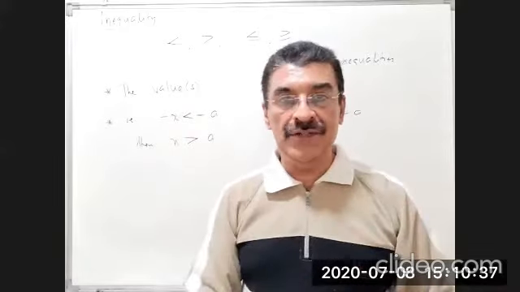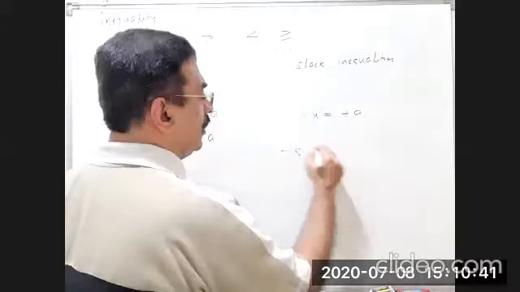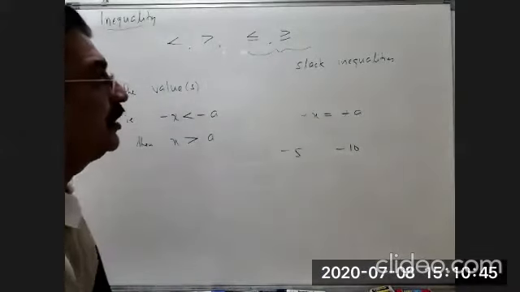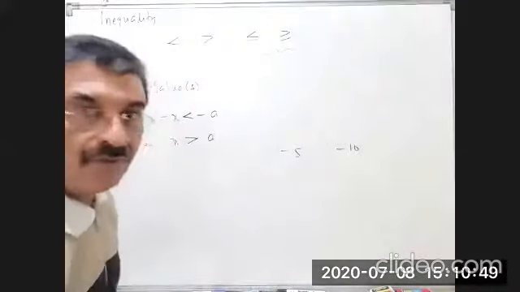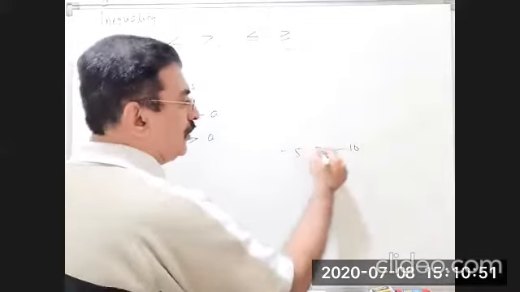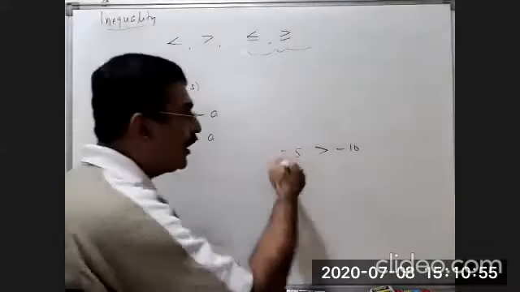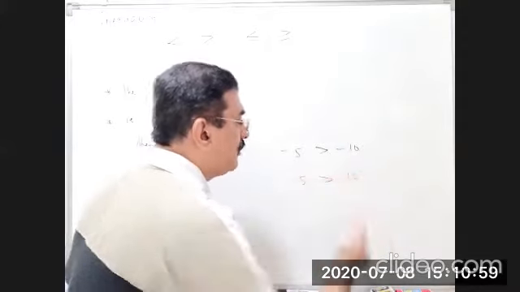For example, we know that minus 5 and minus 10, which one is bigger? Minus 5 is bigger. If you are cancelling minus from both sides, 5 greater than 10, is that correct?